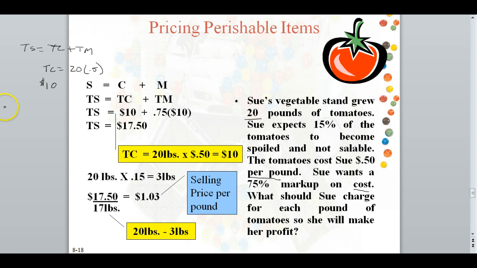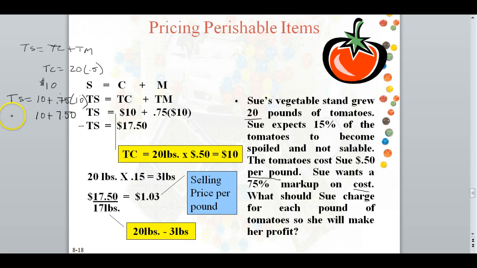So now let's plug it into our formula. They've already done it. Let me show you. Our total selling price equals our cost, $10, plus our markup, which is 0.75 times our cost, since she wants it based on cost. So our cost is $10, and this comes out to 10 plus $7.50.